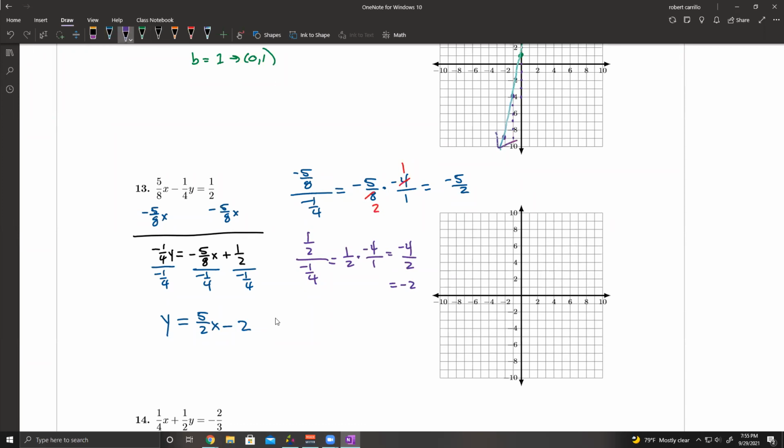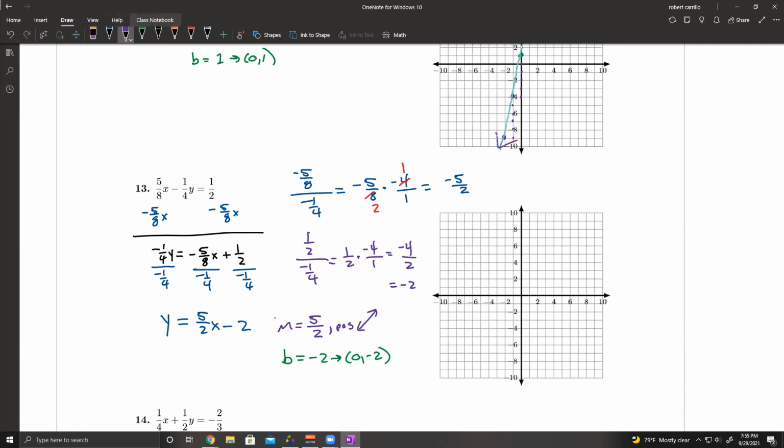What is my slope? 5/2. And what's my y-intercept? -2. Okay, we have everything we need to know. Well, almost. Our slope is positive. So this means we will look like this.